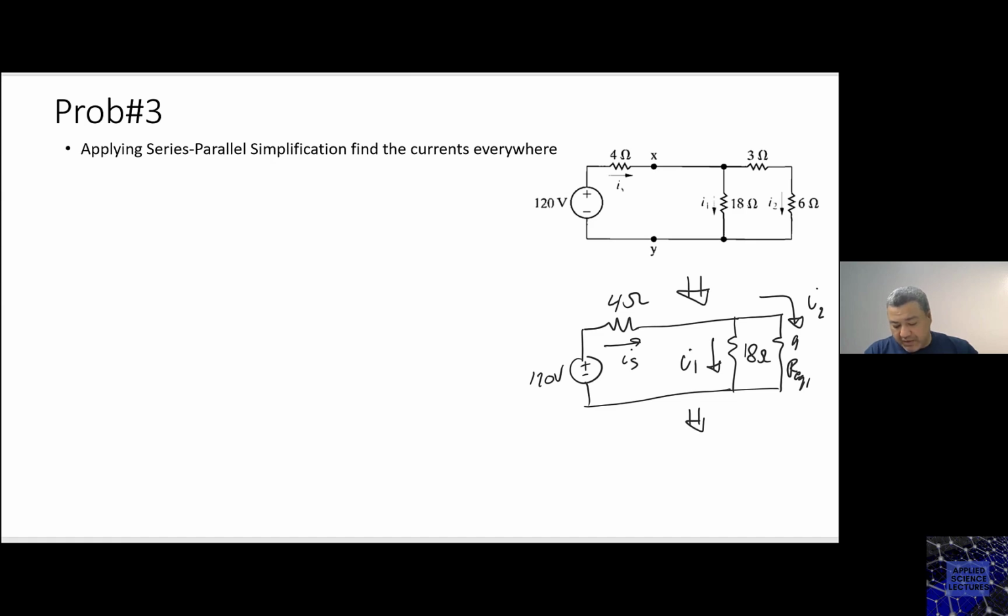which means I will have now those two resistors in parallel. 4 ohm, IS.